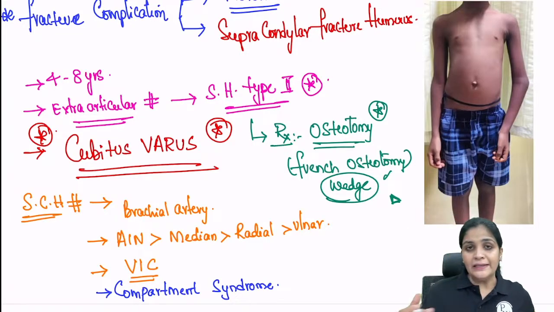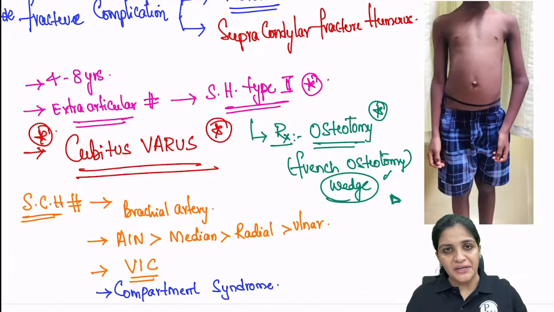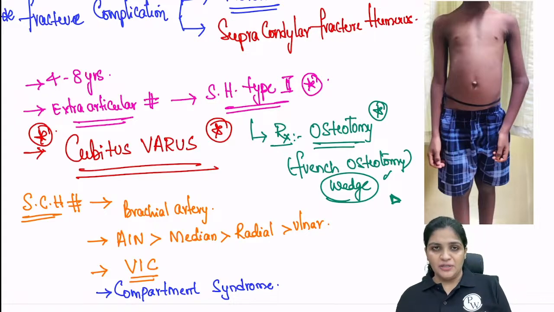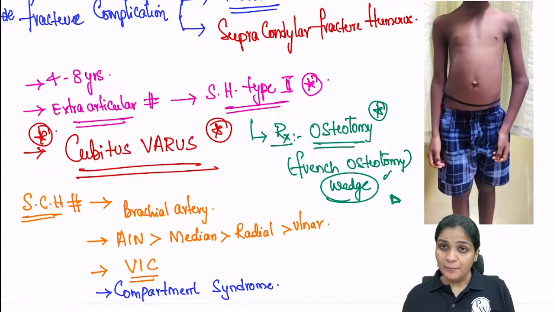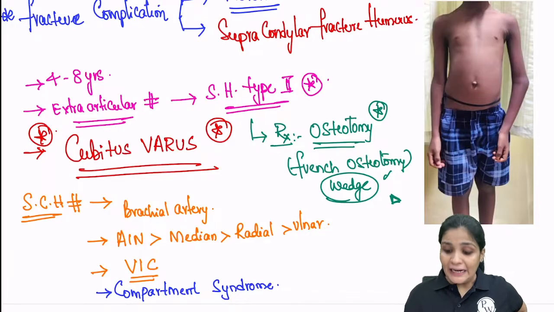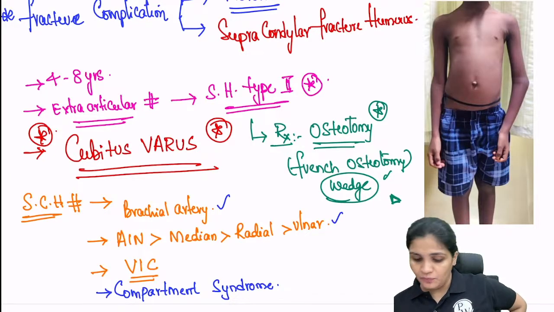So these are all the complications of supracondylar fracture humerus. Whenever the artery is involved, it might result in Volkmann ischemic contracture, that is VIC, or sometimes the patient may present with compartment syndrome, or the brachial artery, and the nerve involved is the AIN.